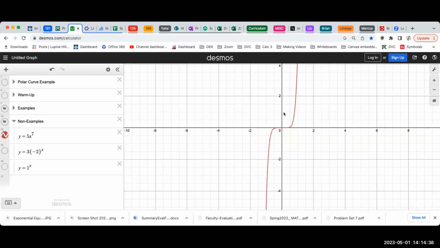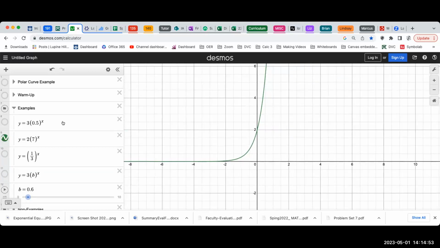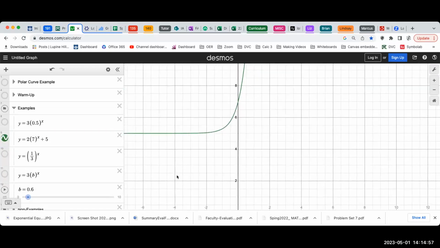Yeah, Jordan. So here, it's added 5 to the initial amount, so it becomes 7. So you're just doing a vertical shift upwards 5.